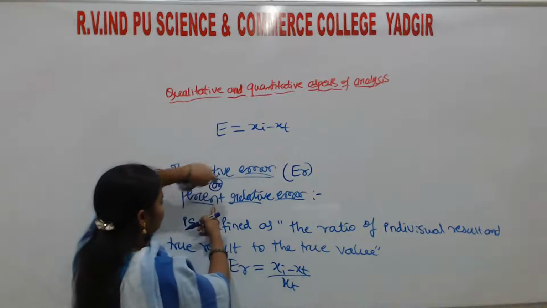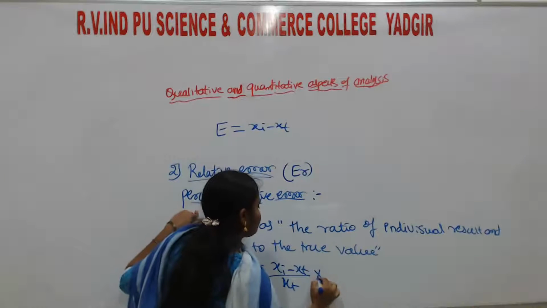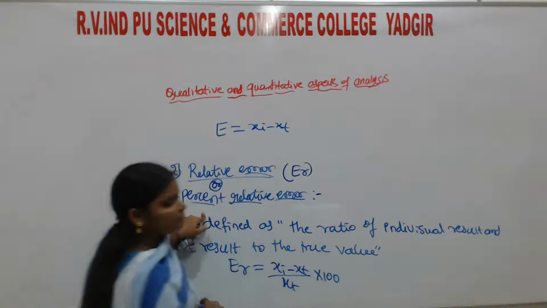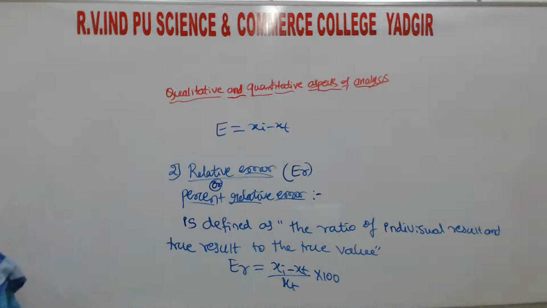To get a percentage, multiply by 100. This is the formula of percent relative error.